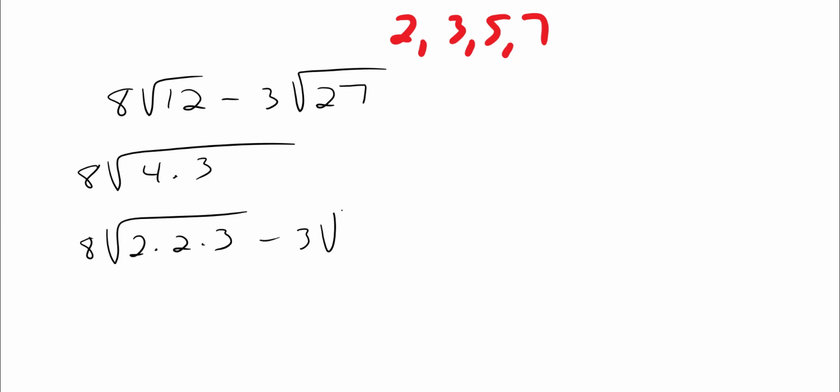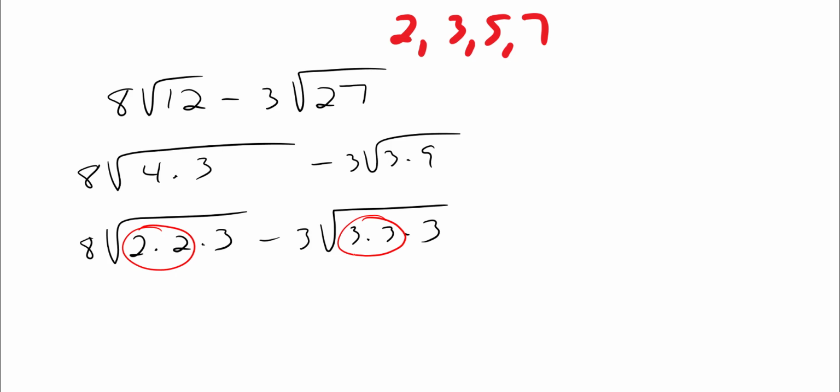Minus 3 root 27. I can't divide by 2 because it's an odd number, so 27 divided by 3 is 9. So it's 3 times 9, and then 9 breaks up into 3 and 3. That's everything broken up. So we have a pair of 2's and a pair of 3's. That comes out, that comes out.